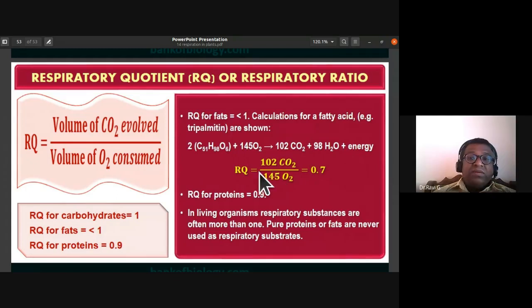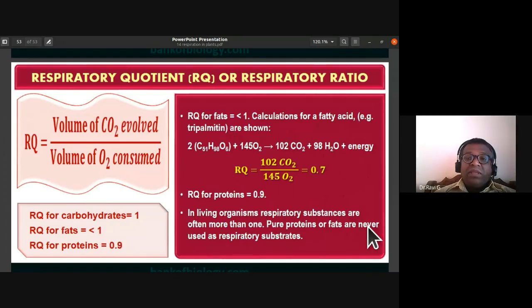The carbon dioxide released is 102 and the oxygen consumed is 145. So 102 divided by 145 is about 0.7. So the respiratory quotient for fats is less than 1. The respiratory quotient for proteins is about 0.9.